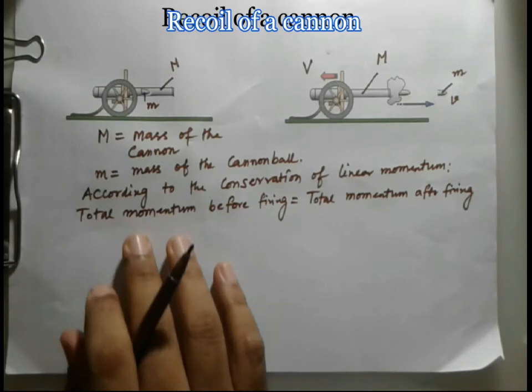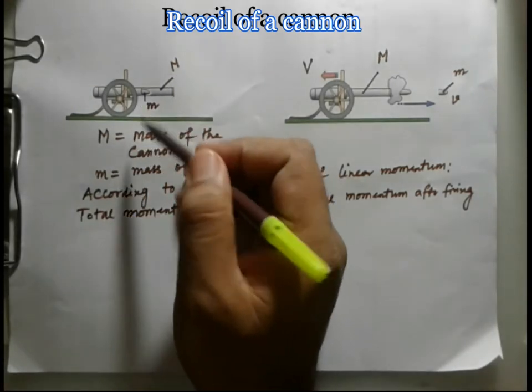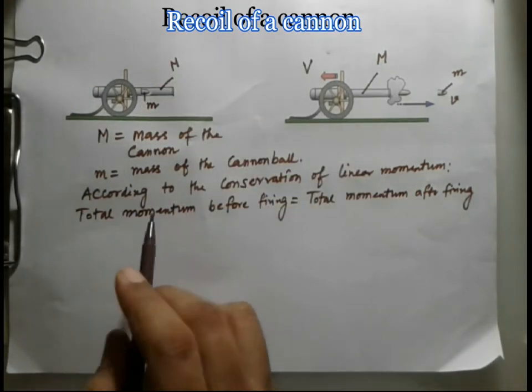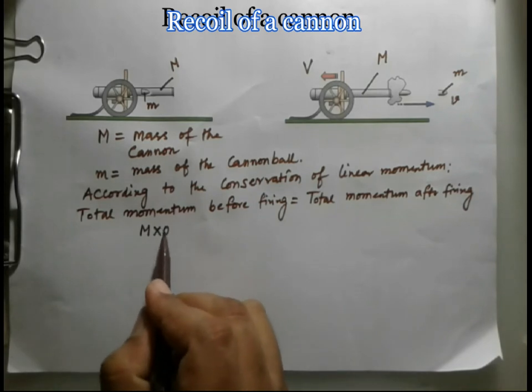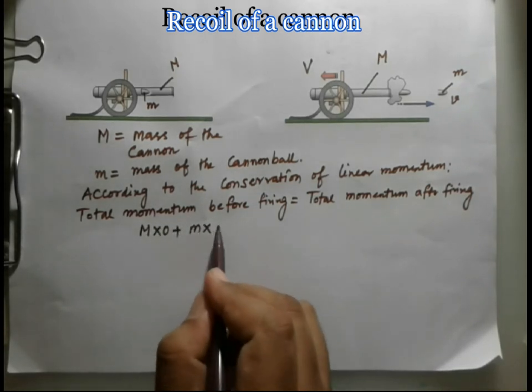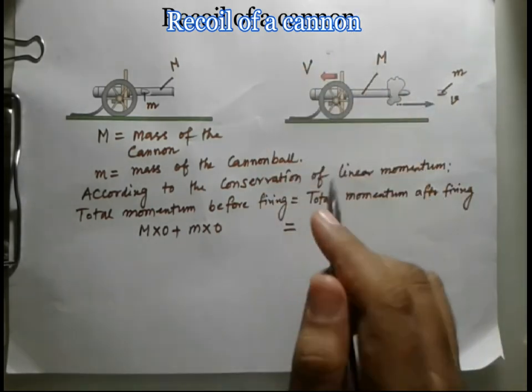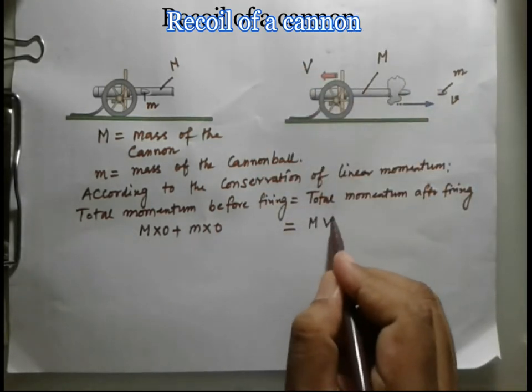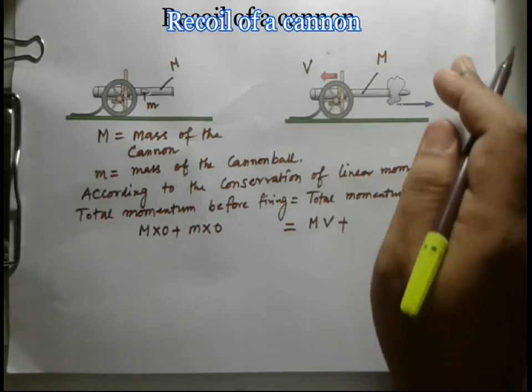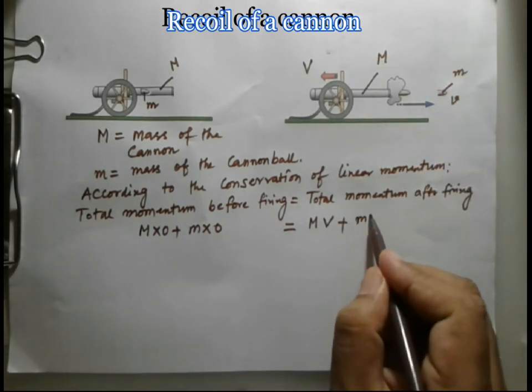Everything is at rest. The cannonball is at rest, the cannon is also at rest. So you can write M into 0 plus m into 0. And what is the total momentum after firing? The cannon has velocity capital V, so M into V, plus the bullet has velocity small v, so m into v.